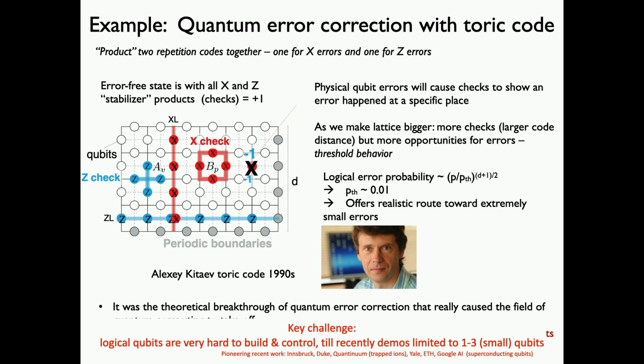So I'm happy to report, and you will also see it from the lectures following mine, that it's now a very special time in the field, because in several systems we are starting to go beyond this small number of qubits and small number of operations. In fact, last year there was a series of experiments which really changed the situation drastically. By now, quantum error correction is really a field of experimental research. It's not just a theory anymore.